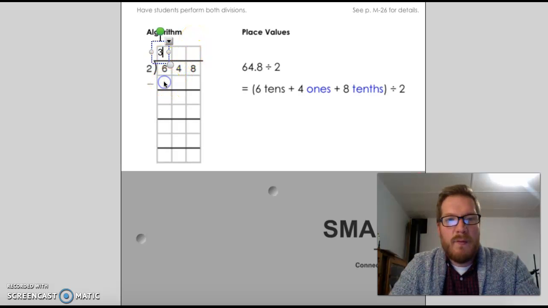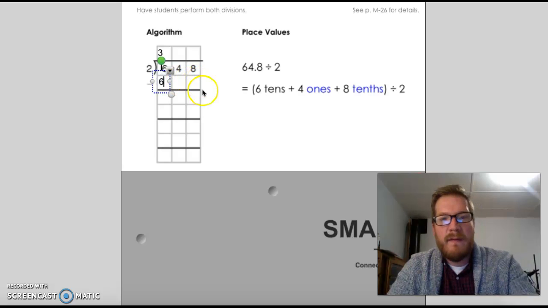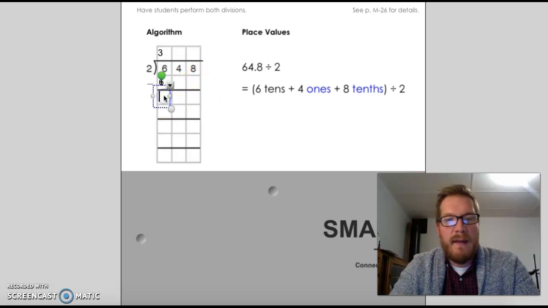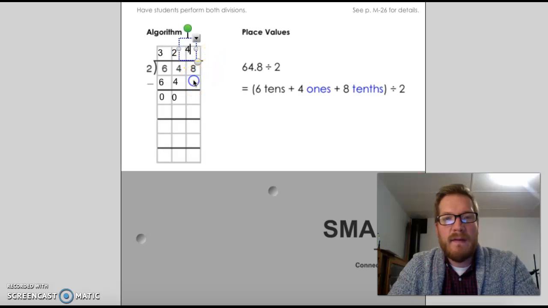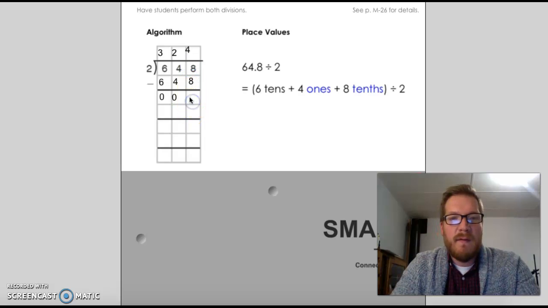And then 2 times 3 is going to give us 6, and that's going to leave us 0 remainder. Then we move over, 2 goes into 4 2 times, and 2 times 2 is 4, and it will also give us 0 remainder. We move on, 2 goes into 8 4 times, and then 2 times 4 is going to be 8, and it is going to give us no remainder at all.